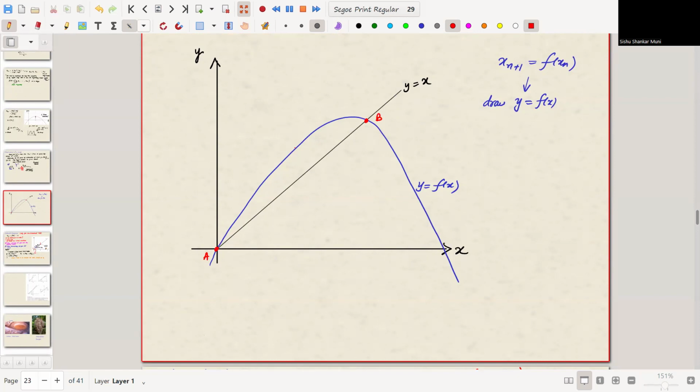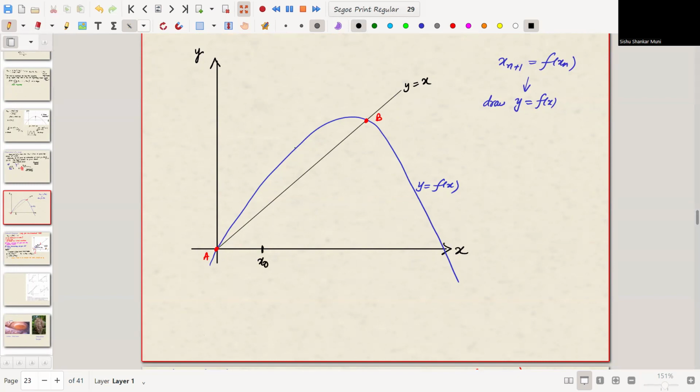Suppose we want to understand the fixed point A. We don't know the function; this is just a sketch. First step, see your notes: choose an initial condition. Suppose I choose an initial condition here, x naught.